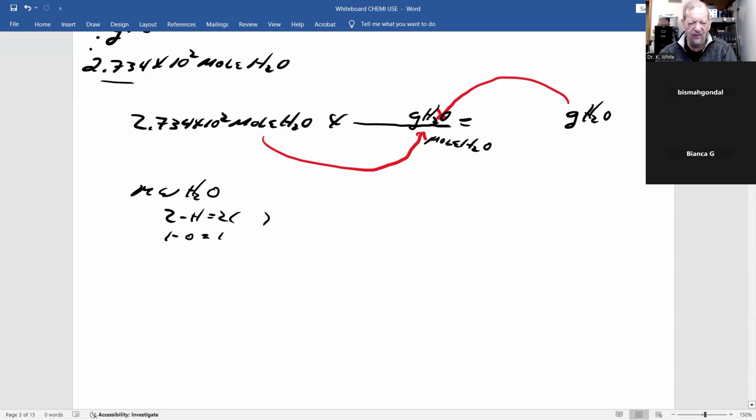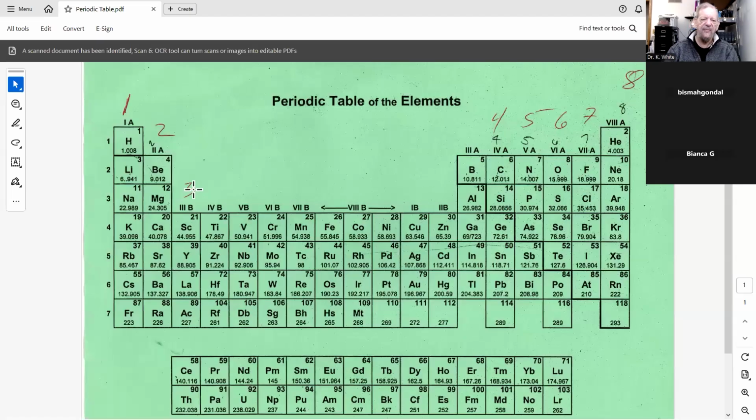Now I need to find the atomic weights of hydrogen and oxygen, and I'll go to my friendly neighborhood periodic table. Hydrogen, and by the way, let me remind you, underneath your name, it will say, please use proper significant figures for all calculated answers. It will also say, please use 3 significant figures for all atomic weights.